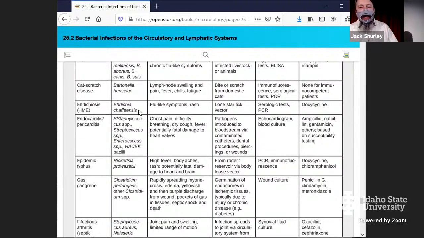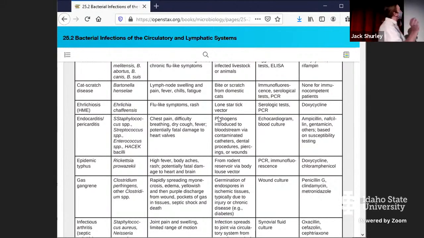Ehrlichiosis, Ehrlichia, these cause some flu-like symptoms. This guy is transmitted through the bite of the Lone Star tick, and on the back of that tick, it's got a little dot that looks like a star. Lone Star tick, you also might assume you'd find them in Texas, and you do, but it's a dot on its back that gives it that name.